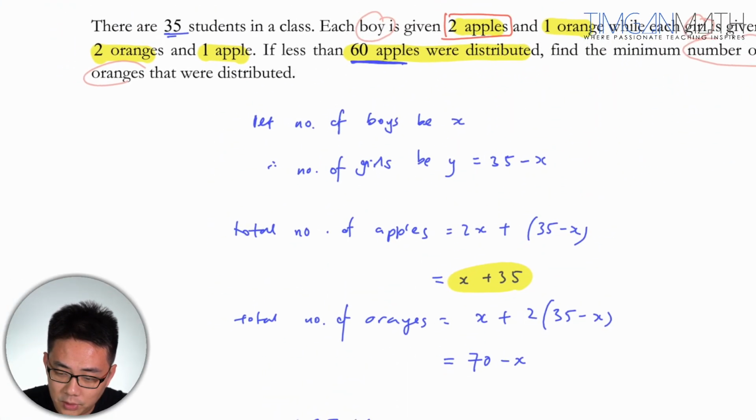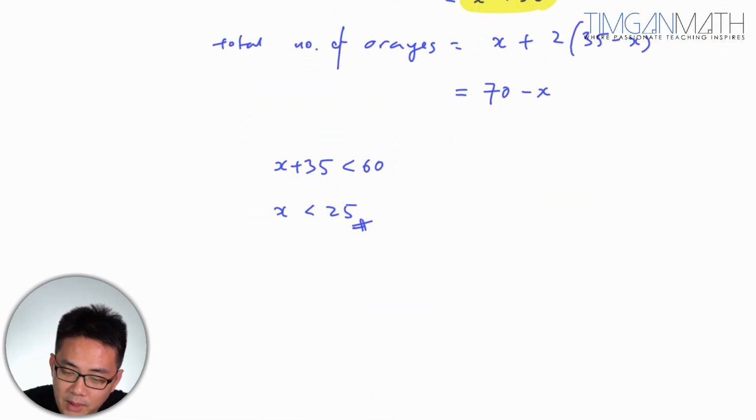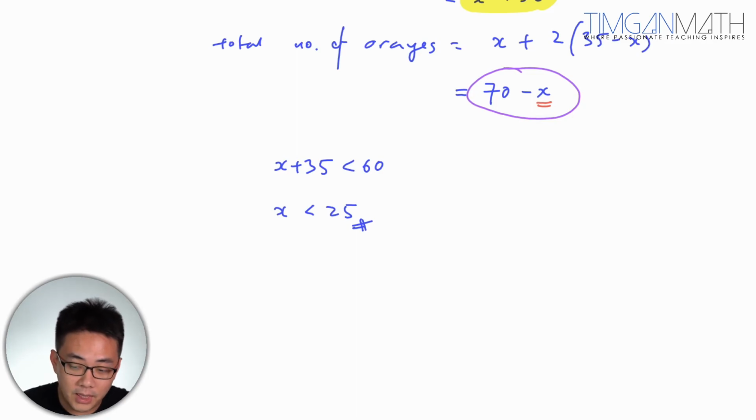Now the question is the minimum number of oranges. So the number of oranges is 70 minus x, and in order for it to be minimum, x has to be the maximum.